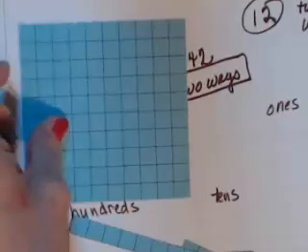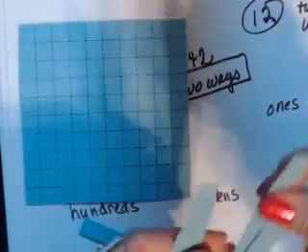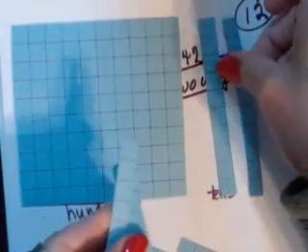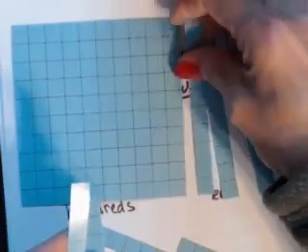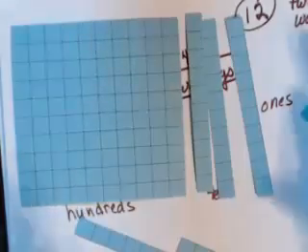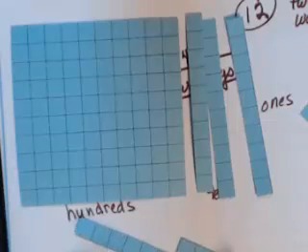We have 100. We have 3 longs. That's 30. And then we need 6 units.